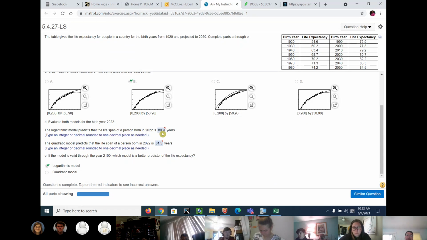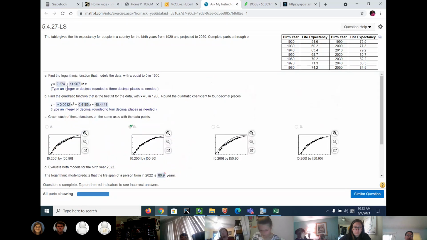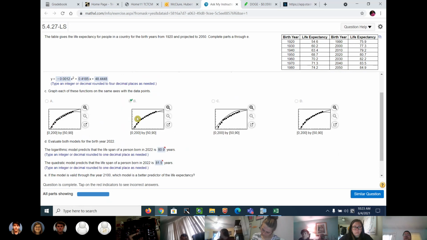Yeah, I don't know how they got those two answers unless they didn't use the table, and they punched in using these rounds right here. In other words, if you punch in 22, or 2022, right here, you may get the answer. Did you manually punch it in, or did you look at the table? No, I just tried to get it off the table.